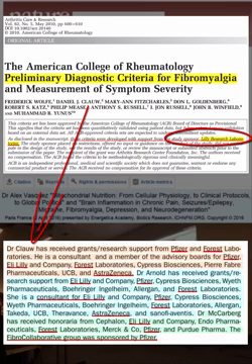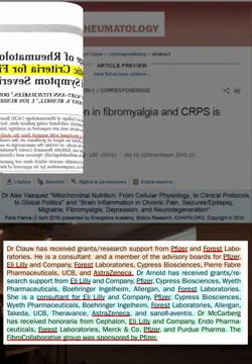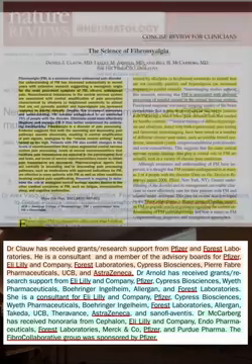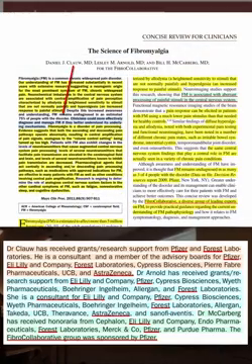Their conclusion on fibromyalgia is that it has no identifiable cause, that these patients have what's called central sensitization, which means that they have altered perception of pain signals within their brain, which causes them to be extra sensitive to pain.